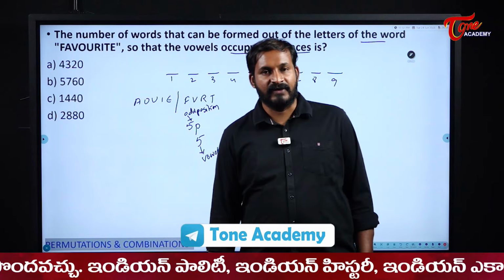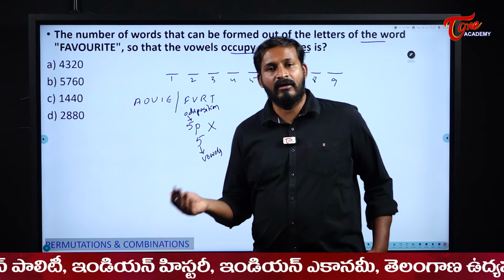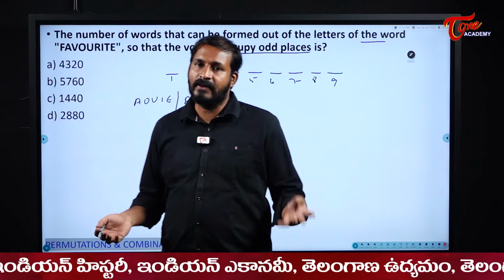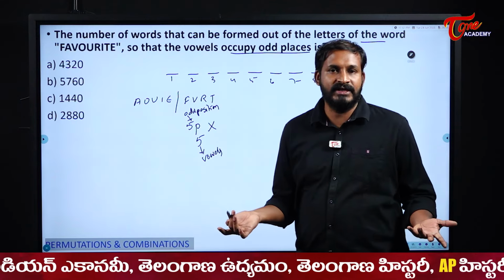5 odd positions and 5 vowels can be arranged in 5P5 ways, into the remaining 4 positions, which are even positions. These 4 even positions should be occupied by the consonants.